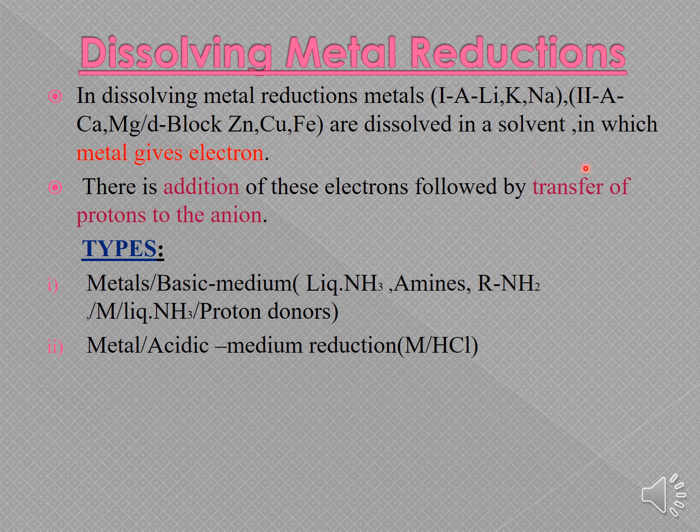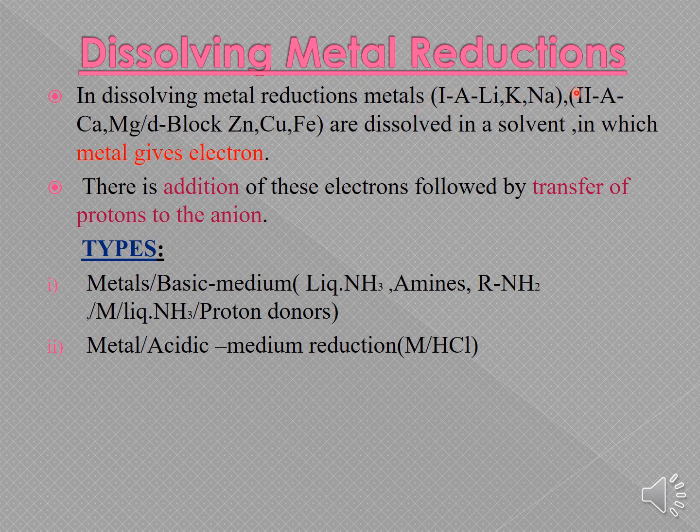Li is lithium, Na is sodium, K is potassium, Rb is rubidium, and Cs is cesium. Those are the group 1A metals.